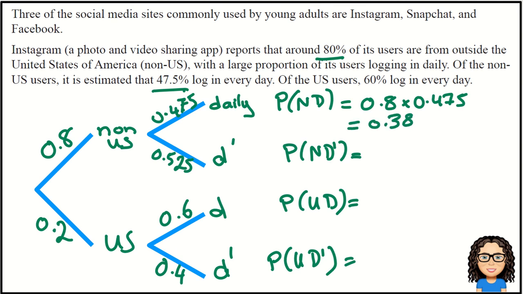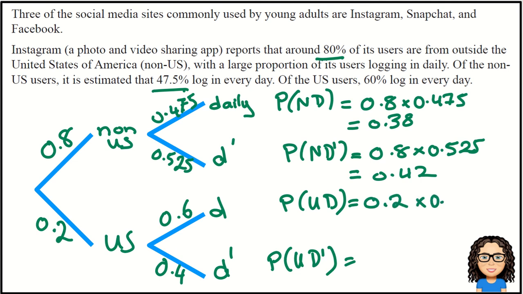Then non-US and not logging in daily is 0.8 times 0.525, and that gives a probability of 0.42. Then we want US daily, so 0.2 times 0.6, which gives us 0.12. And lastly, US not daily is 0.2 times 0.4, which is 0.08. So that's my first step, to set up the tree diagram.